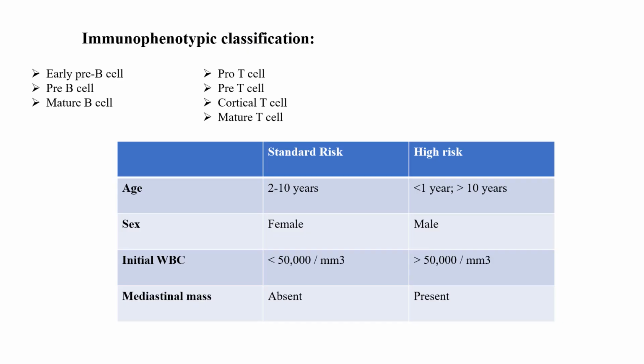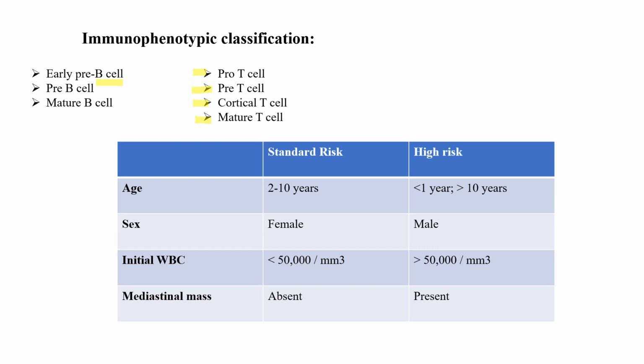Coming to the immunophenotype, as we have already said, it can be either a B cell ALL or a T cell ALL. If it is B cell, it can be an early pre-B cell or a mature B cell. If it is a T cell, it can be a pro-T cell, pre-T cell, cortical T cell, or a mature T cell.